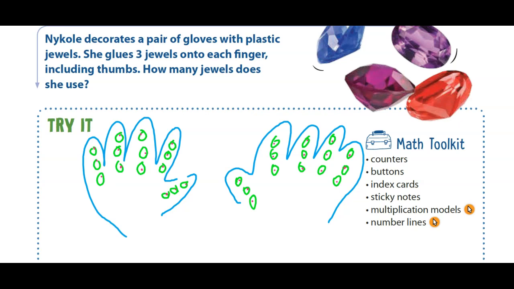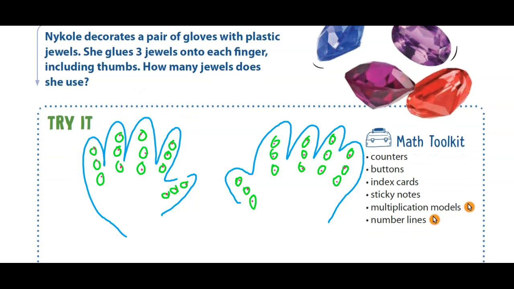So what would be my multiplication sentence for this hand? How many fingers do I have? 5. And how many jewels in each finger? 3. So then 5 times 3.